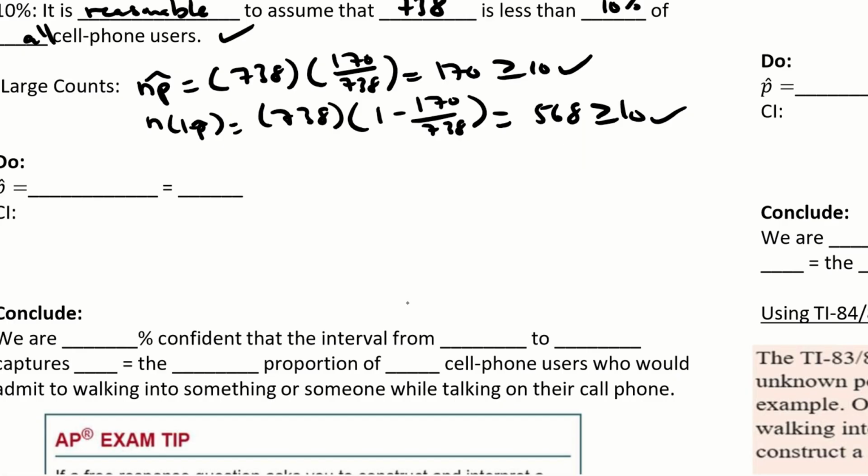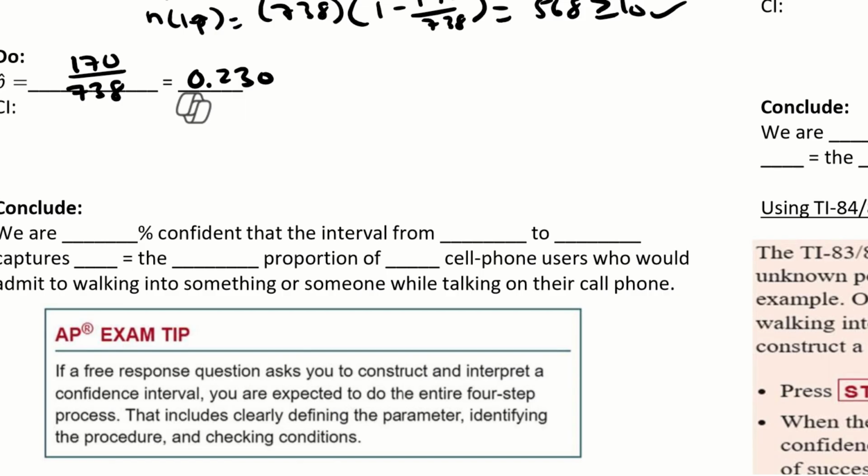So the do stage, remember, is the p hat, state the parameter that we're using, which is equal to 0.230 approximately. Then we're going to do the confidence interval. Remember, it's p hat plus or minus, right? All that stuff. So p hat plus or minus the z-score. We need to figure out the z-score. So we're going to do the inverse norm of the area equals 0.025.